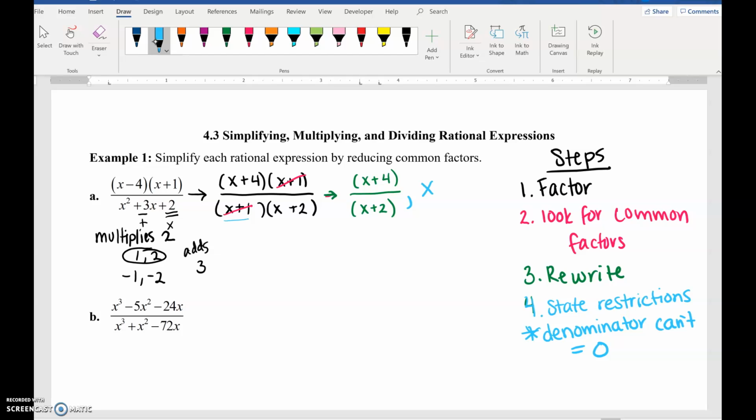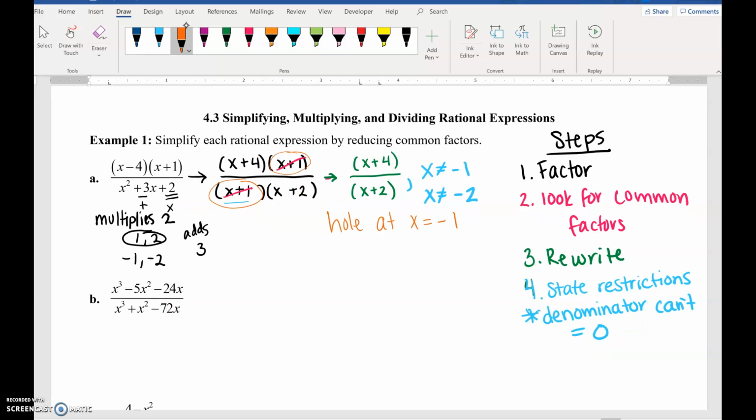So x cannot equal negative 1, and x cannot equal negative 2. And then I'm just going to note down here that there would be a hole at x equals negative 1. And that's from our previous lesson. When they cross each other out, that means there's a hole there.